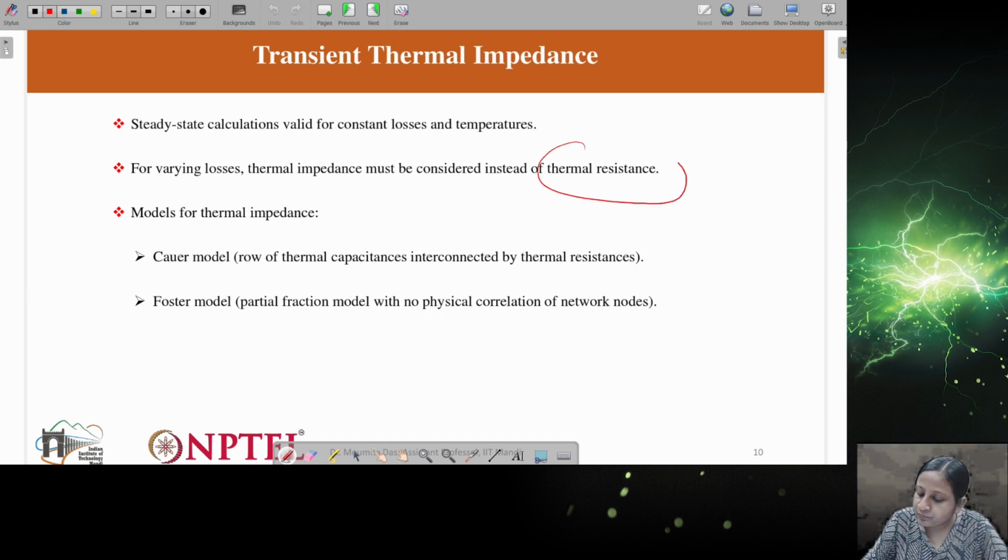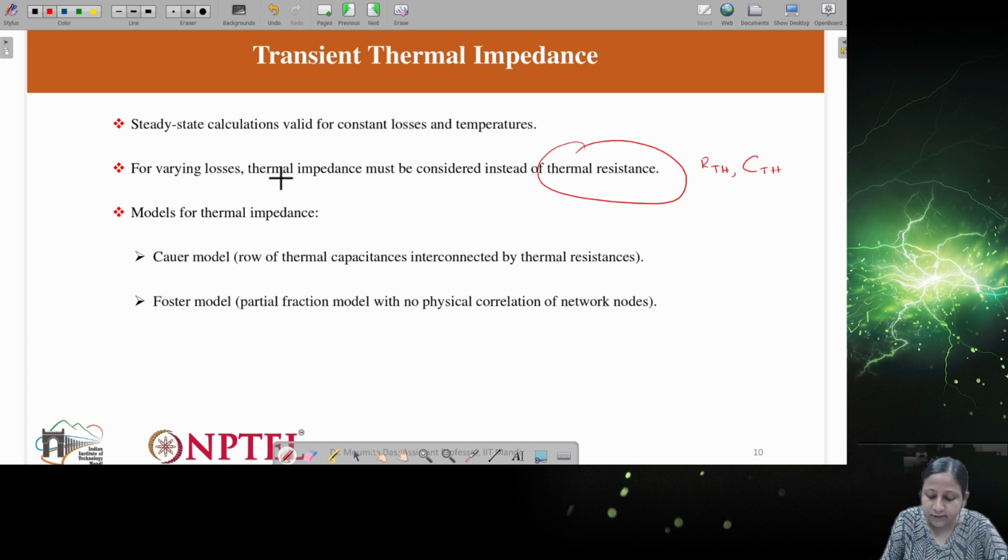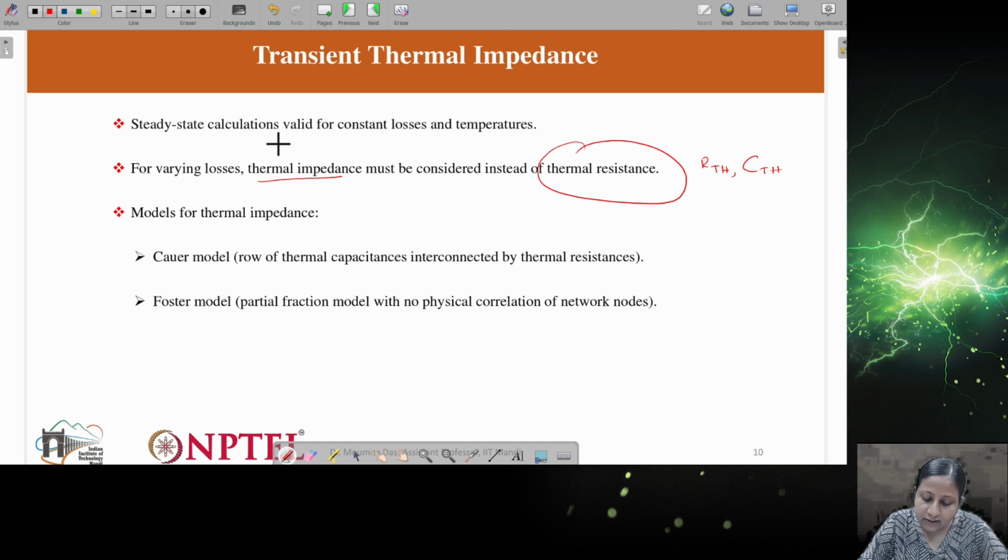So as I told you, in place of only RTH, we have to consider CTH, thermal capacitance. This will give us thermal impedance. So for steady state calculation, with resistance it is fine. It will give us the idea how this temperature variation will be. But for actual or practical consideration, we need to consider this capacitance also.